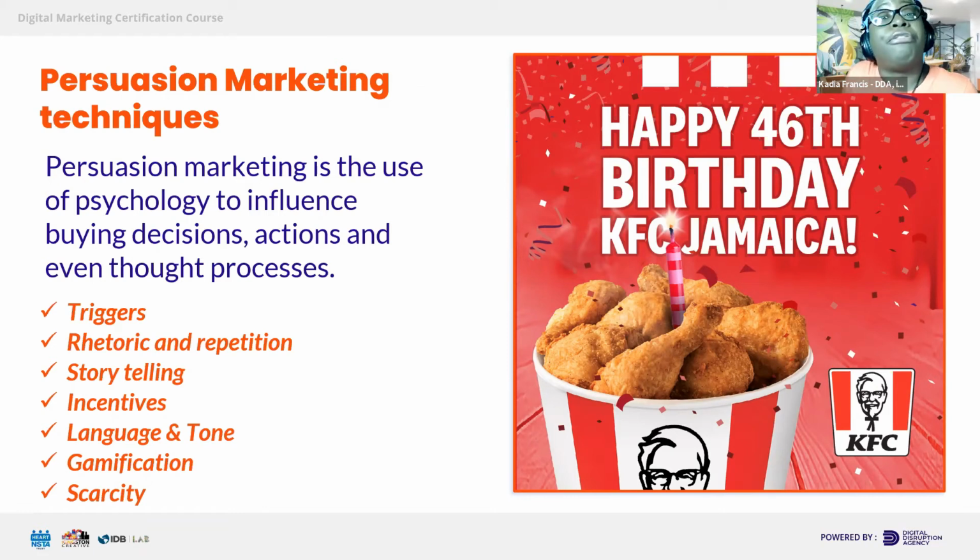You know who is very good at persuasion marketing using the trigger tactic? KFC. Oh my God. KFC will constantly remind you that they're about family and getting together and happy moments and all that good stuff. Why do you think that is? First of all, KFC is not a Jamaican brand. We know that, right? That's one.